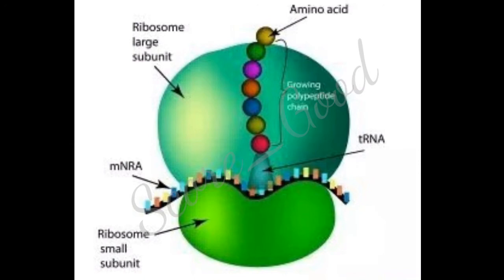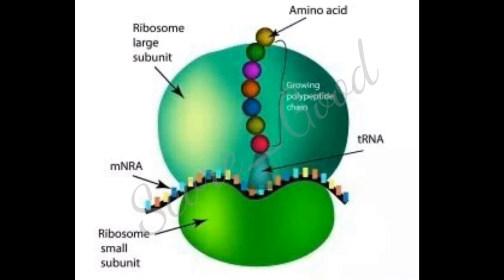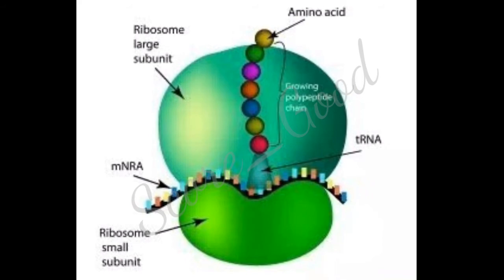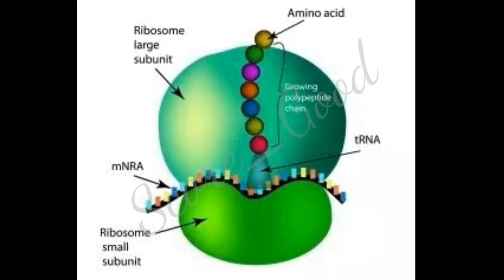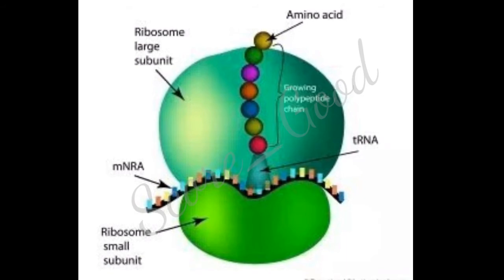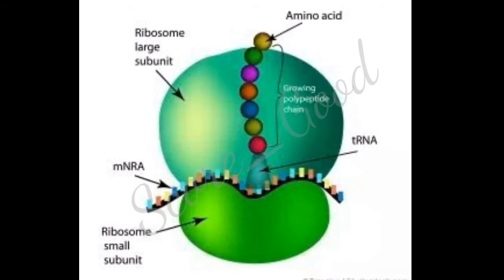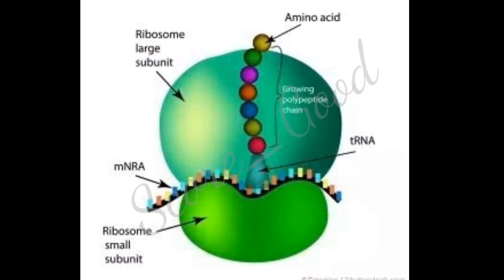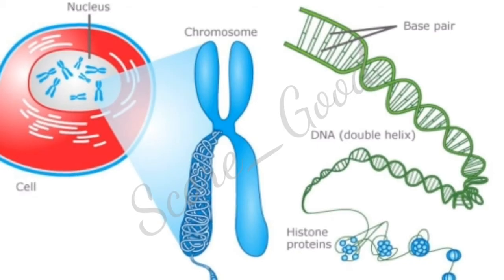The amino acids are connected in a chain, which is attached to one corner of tRNA. During protein synthesis, many ribosomes are attached to a single mRNA, and this is called polysomes or polyribosomes.